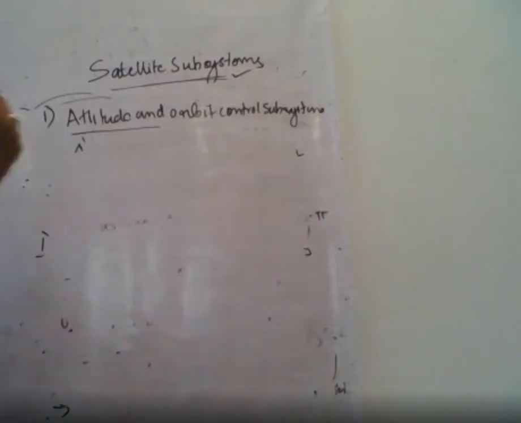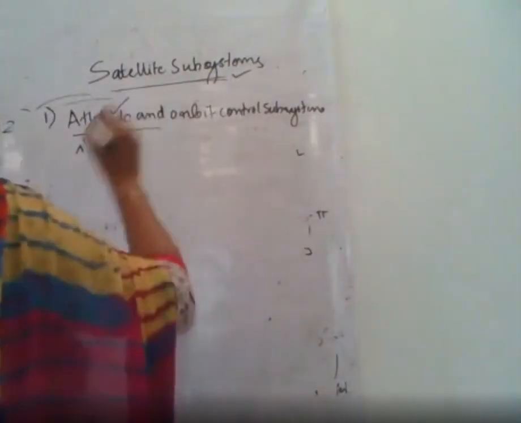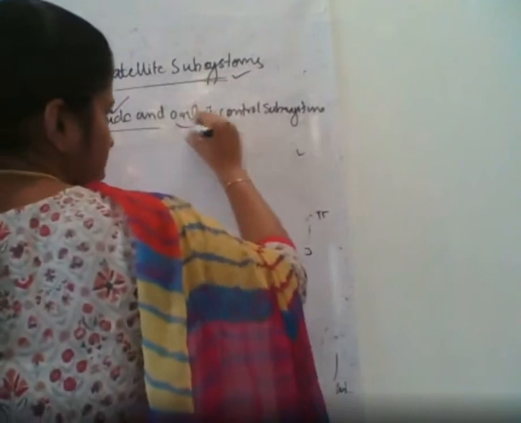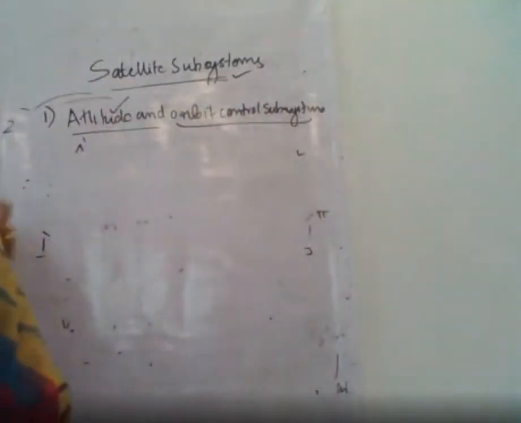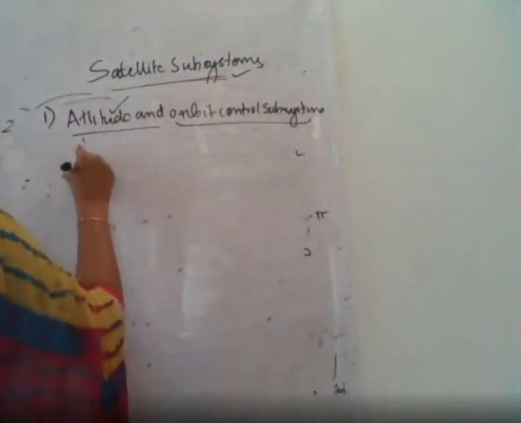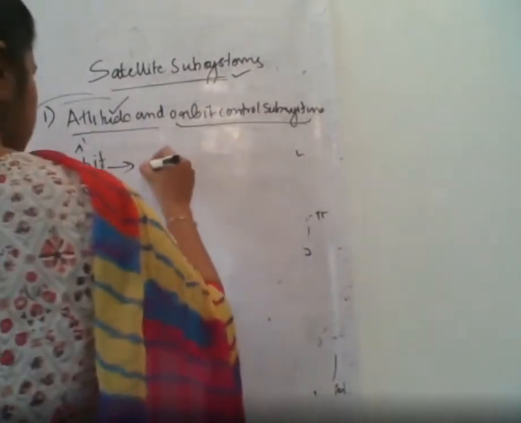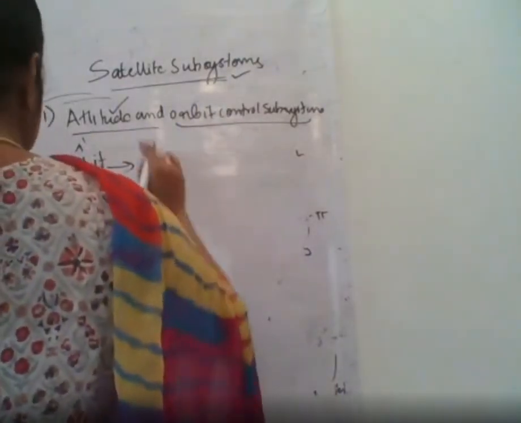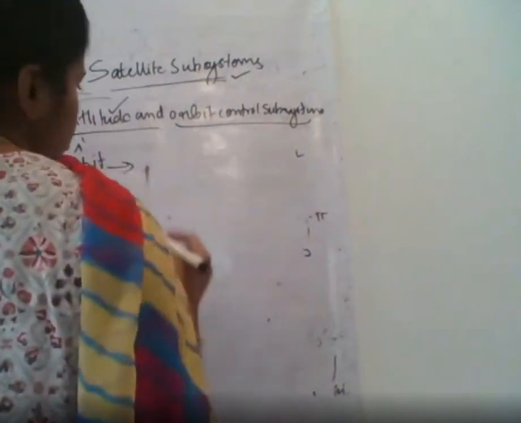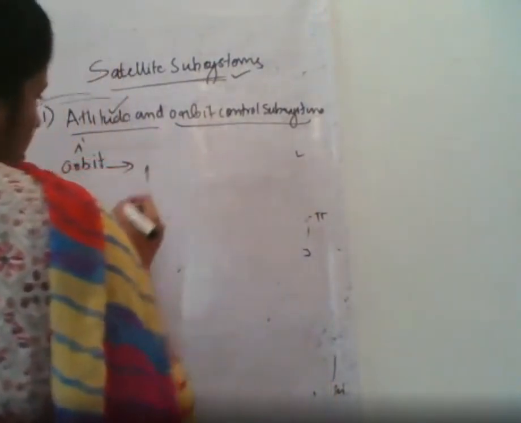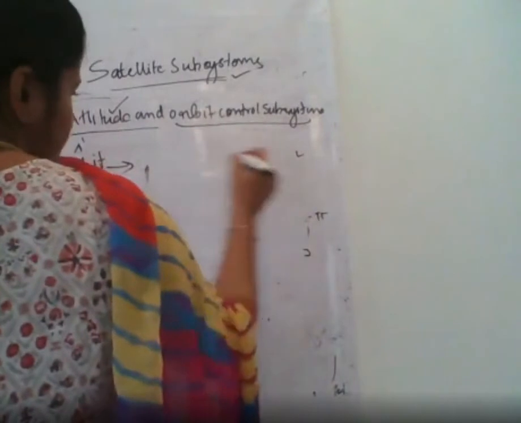And next, we have discussed the attitude control system. Now we are going to learn about the orbit control system. For an orbit to be truly geostationary, it must lie in the geo-equatorial plane. That is, a geostationary orbit is the orbit which lies in the equatorial plane.